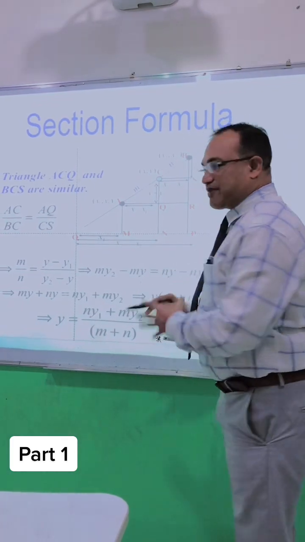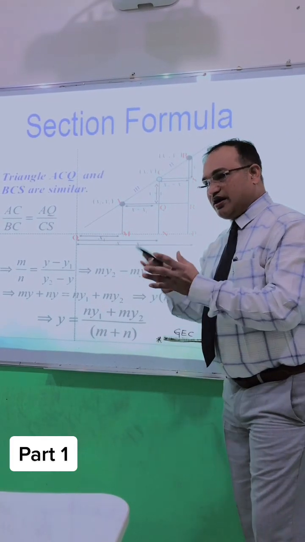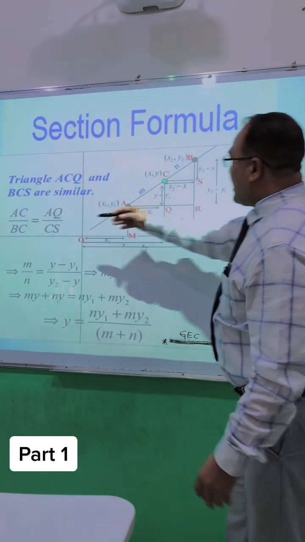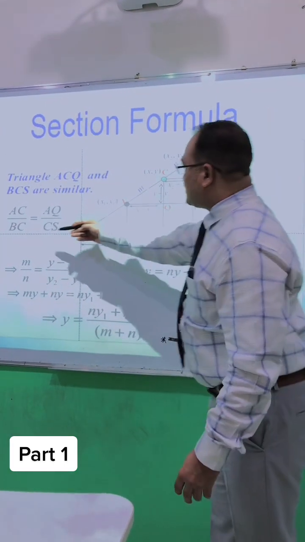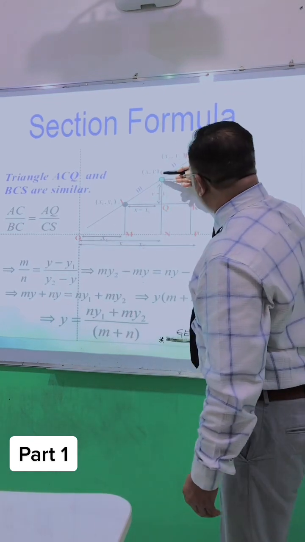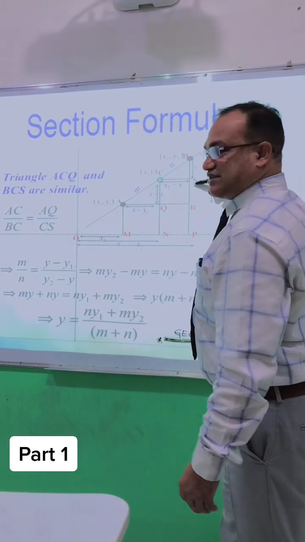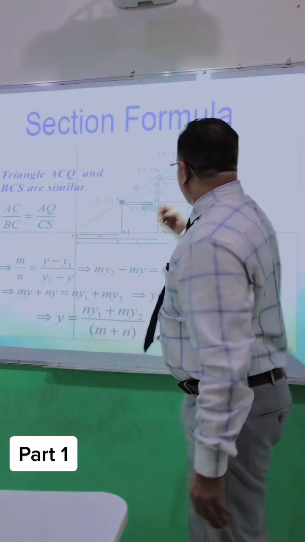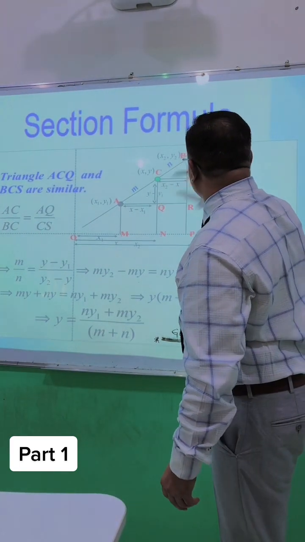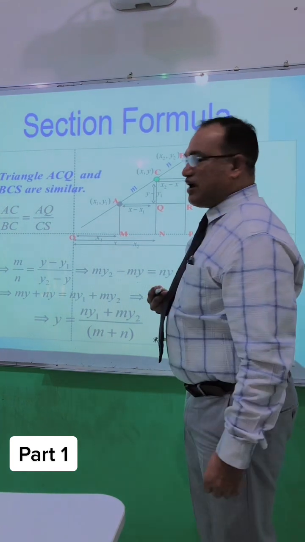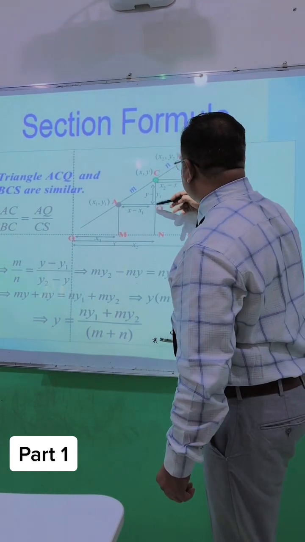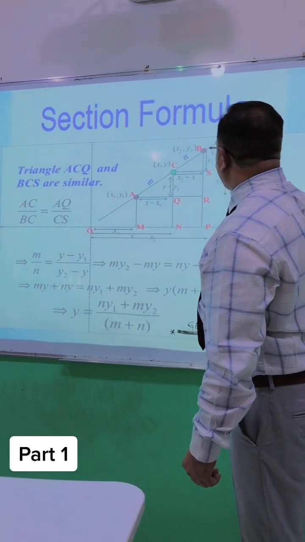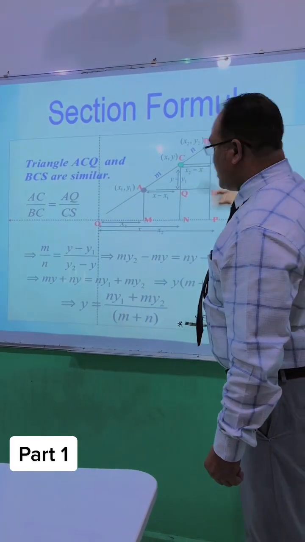But here I am planning to find the y coordinate. So I am taking CQ by BS. When you take CQ and BS, this is the length of CQ and this is the length of BS, where CQ is y minus y1 and BS is y2 minus y.